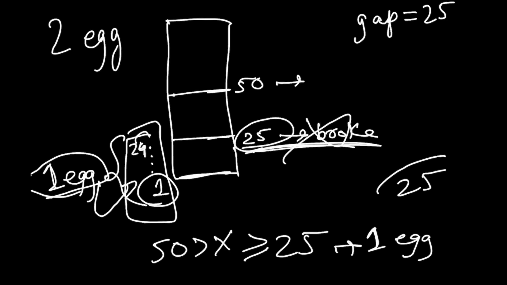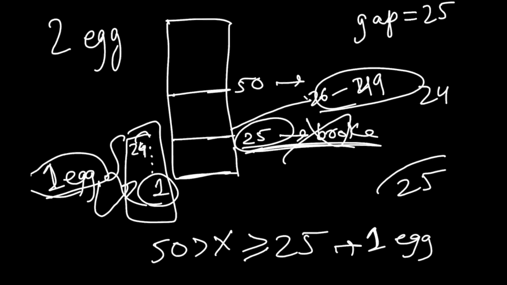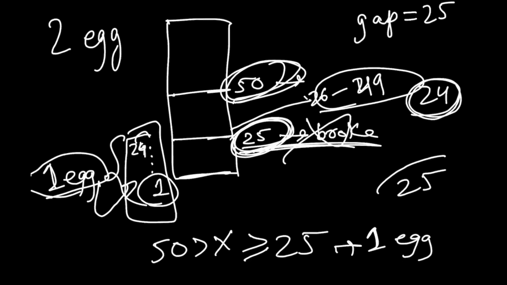So I'm going to try each floor from 26 all the way up to 49. So again, these are 24 tries. The 25th was the first try, 50 was the second try, and then there's 24 more tries. So this adds up to 26 tries in total, which is one more than 25 over here. So let's update the worst case scenario number of tries to 26.